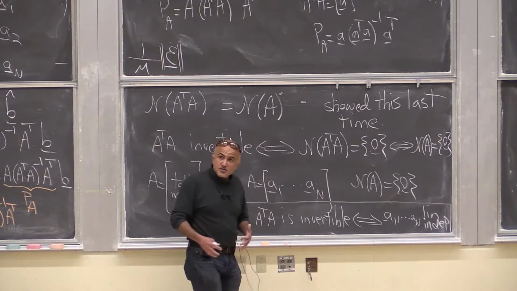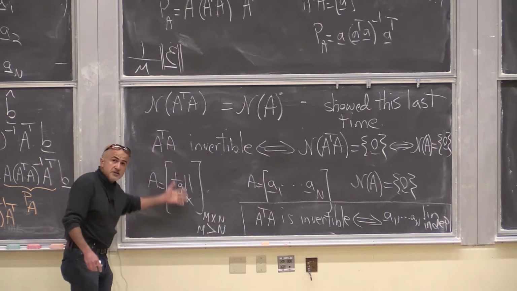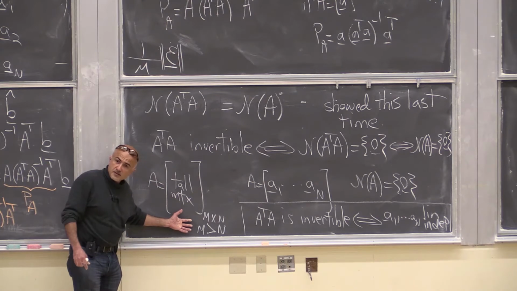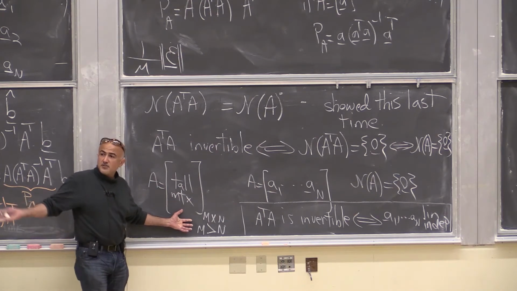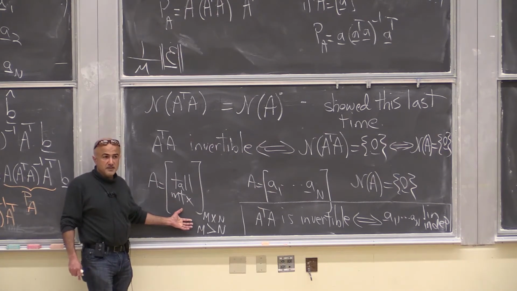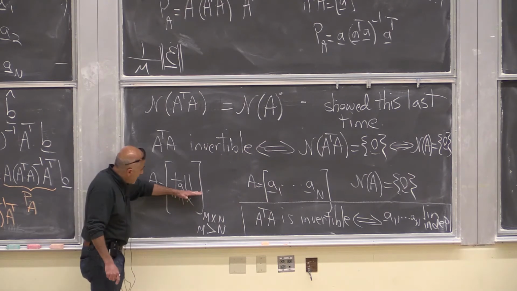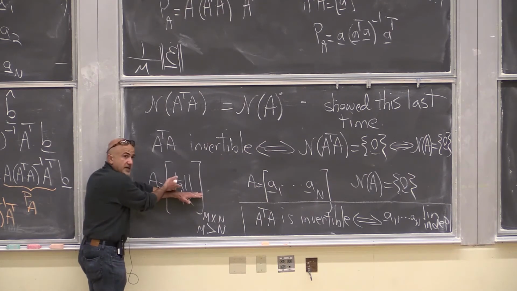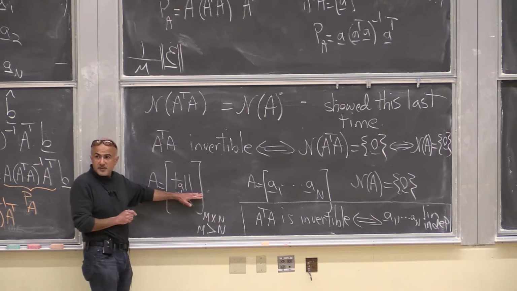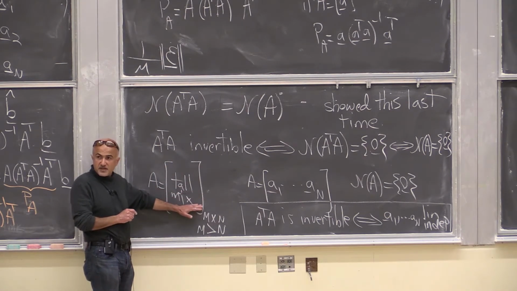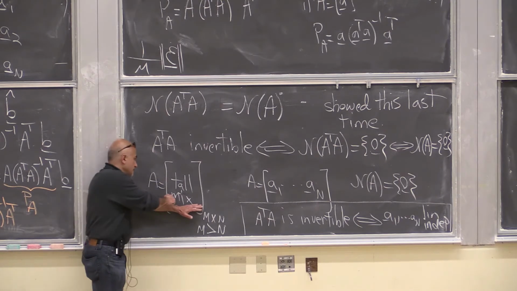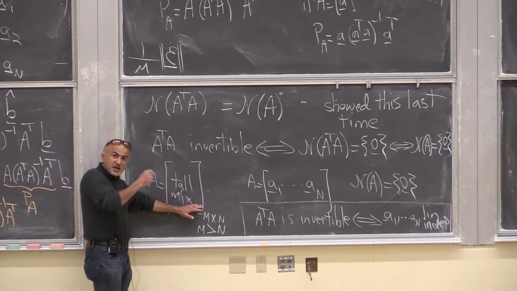The more measurements you make, in other words, the taller this matrix gets, the likelier it is that you have linearly independent columns. So even if up to here, let's say I've made 10 measurements, up to here, somehow these columns are linearly dependent. I make the next set of measurements, it's unlikely that they remain so.